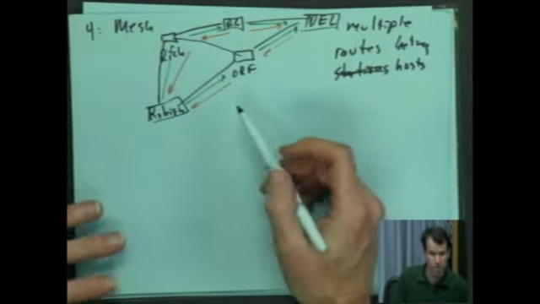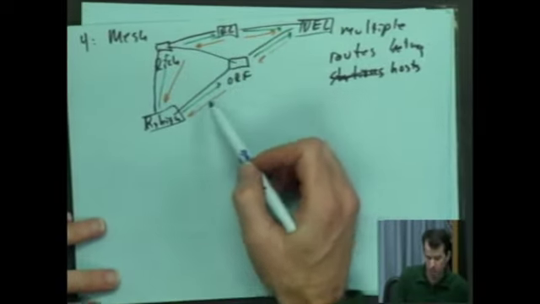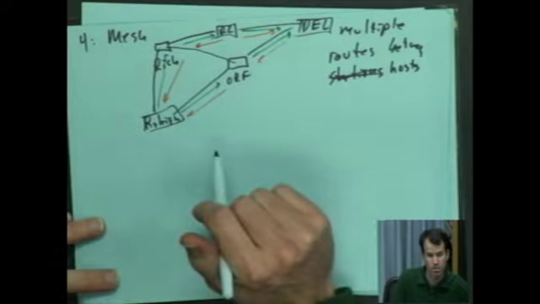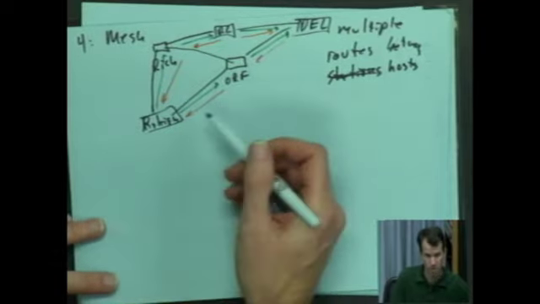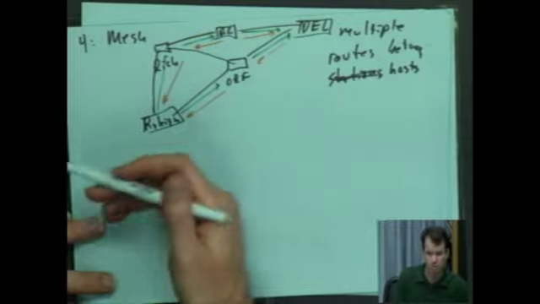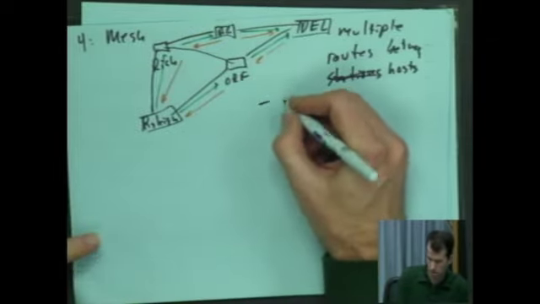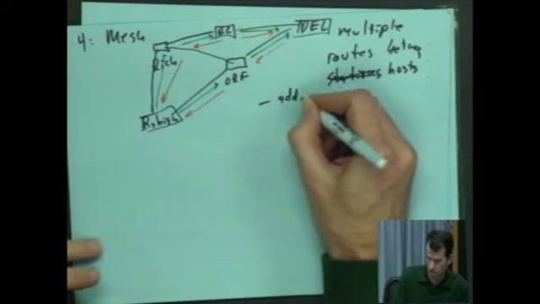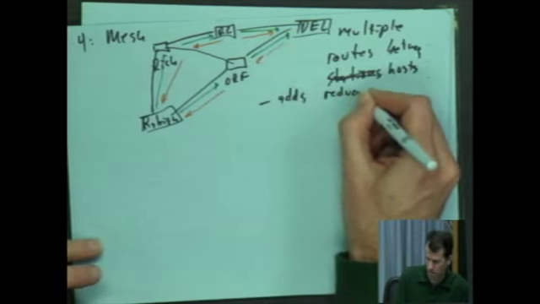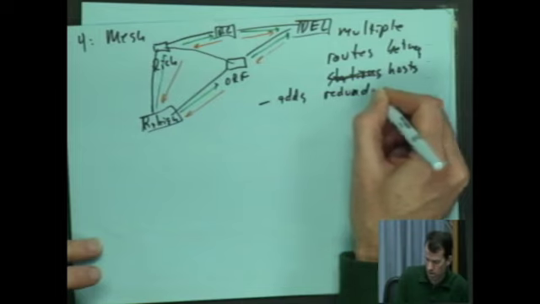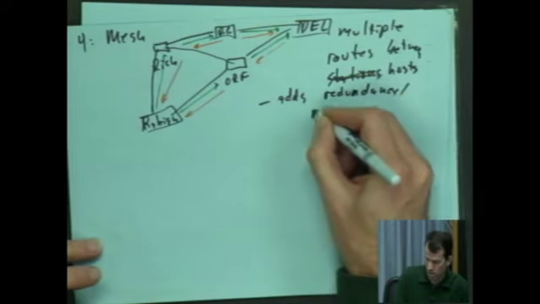So in order to get between two hosts, there might be two different ways to go. There might be 3, there might be 5. If I'm talking about getting to Los Angeles, there might be 20 different ways to get to Los Angeles. This, I guess we can say, adds redundancy, and we'll just put reliability.